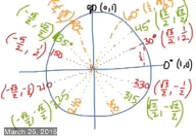If I'm in quadrant 3, that means both of these have to be negative. So I am at negative 1/2, negative root 3 over 2. And if I'm in quadrant 4, I am at positive 1/2, negative root 3 over 2.